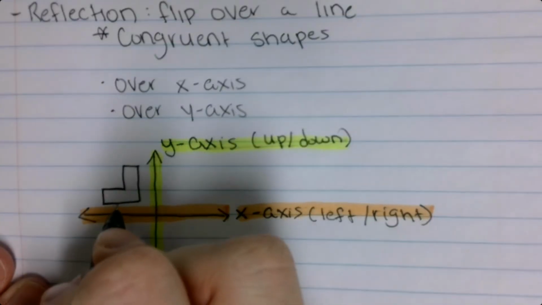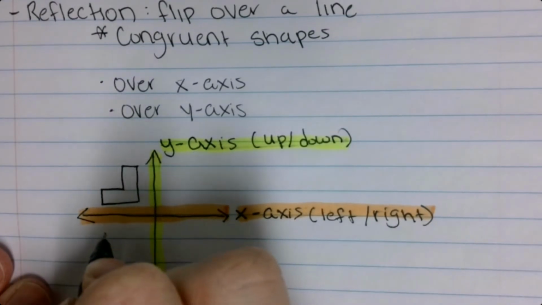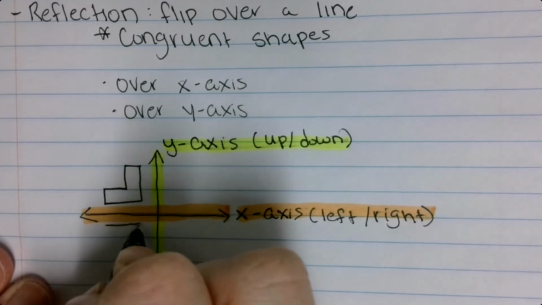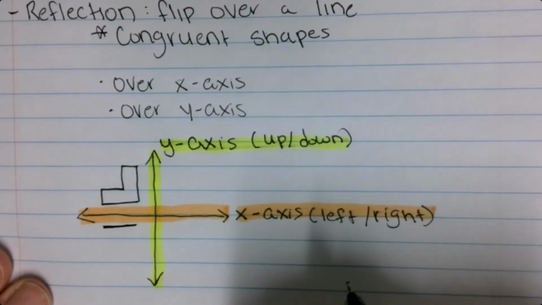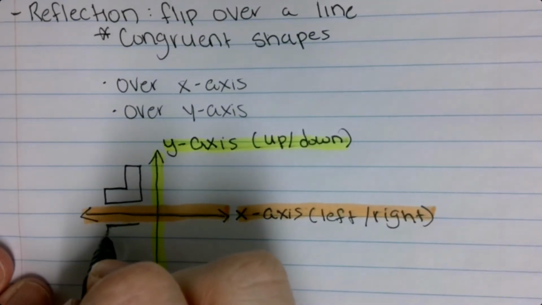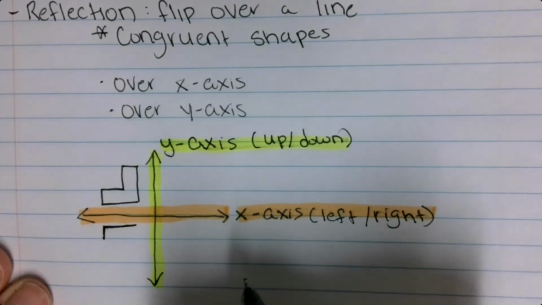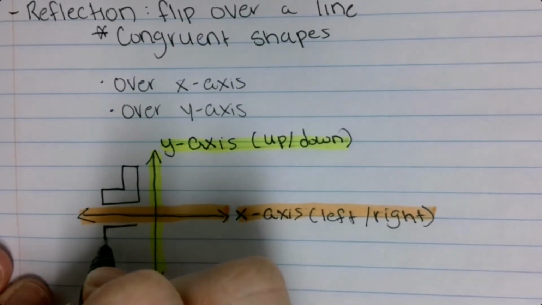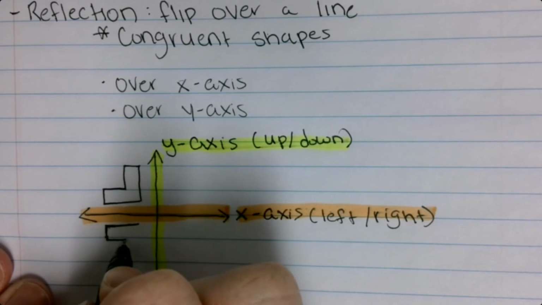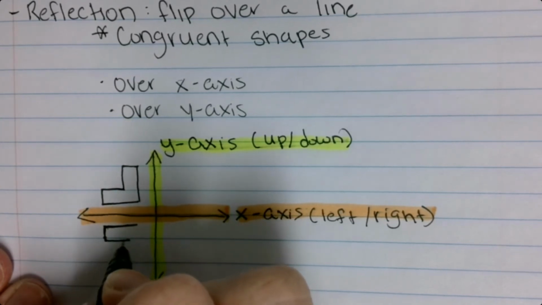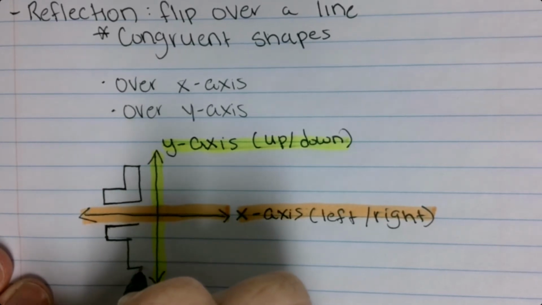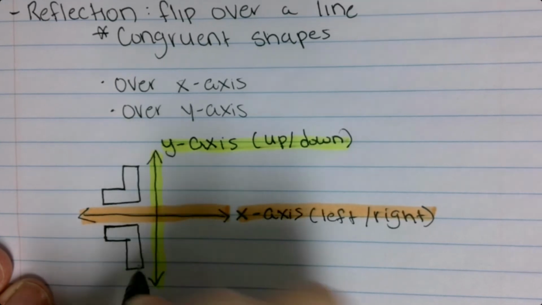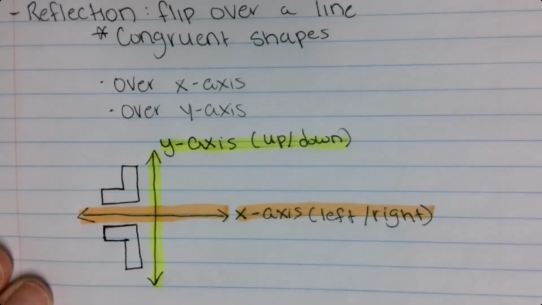So see how there's a little bit of space before the L starts to the x-axis? So we're going to copy that space. Then we're going to copy how long that L is. And it's not going to be perfect because, again, we are human beings. We are doing the best we can to copy that shape. It is not perfect.